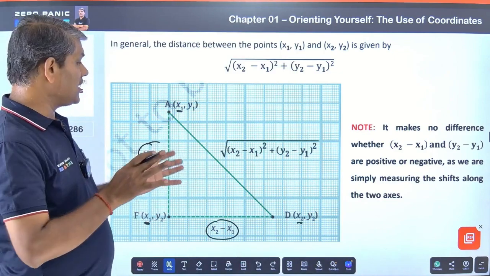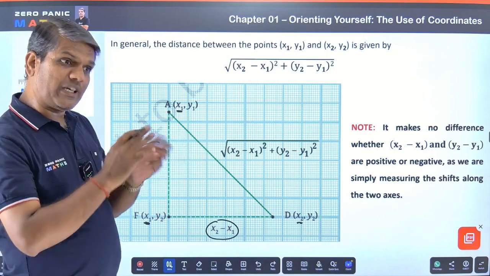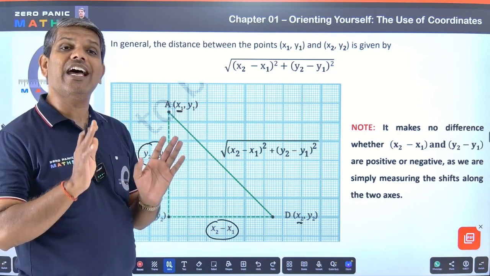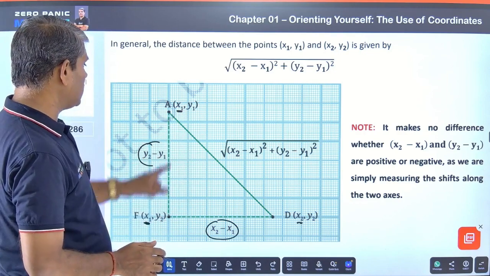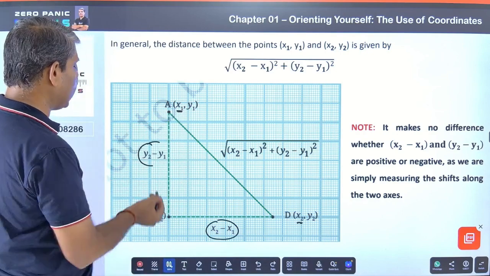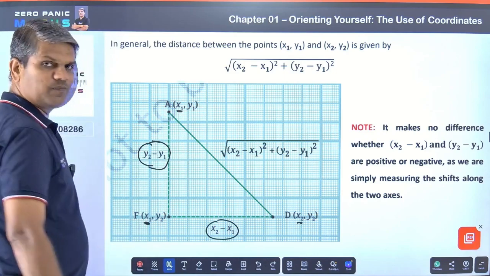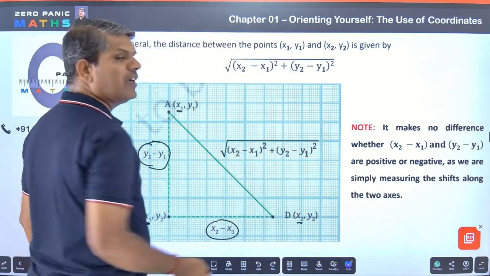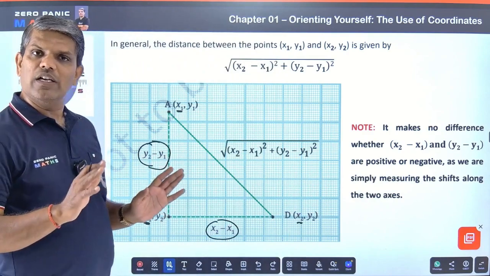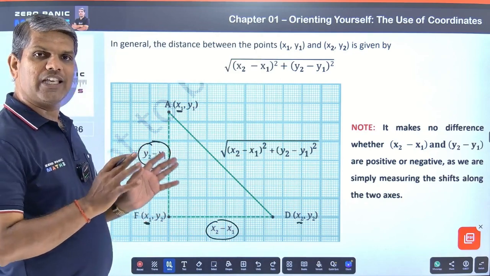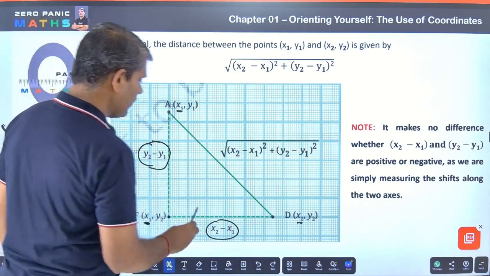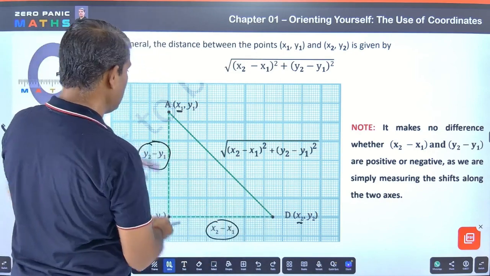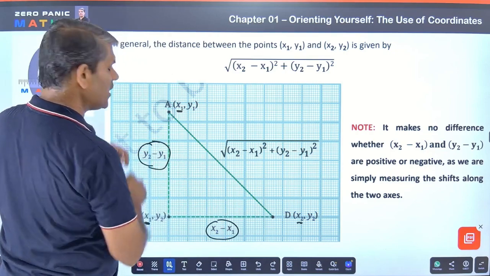It is not the subtraction y1 minus y2; it is the difference between the points y1 and y2. So it can be y2 minus y1 also. Anyway, when it is squared, even the negative number will give you the absolute value of the result. So we generally consider this distance as x2 minus x1 and this distance as y2 minus y1.